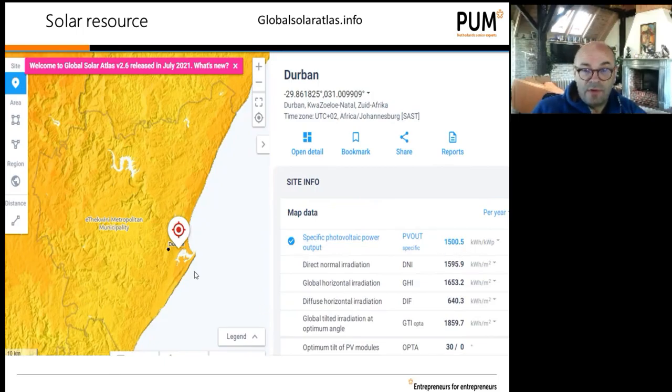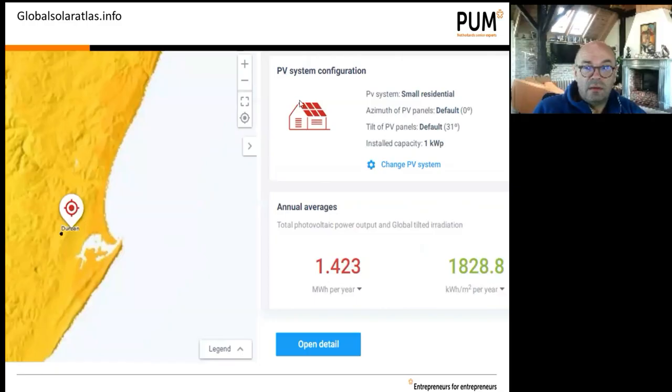If you look at this location and you go to a small system for a house with an installed capacity of 1 kilowatt peak, that's about 3 or 4 panels, then it will generate about 1828 kilowatt hours per square meter per year on the global tilted surface. This is what you can see.